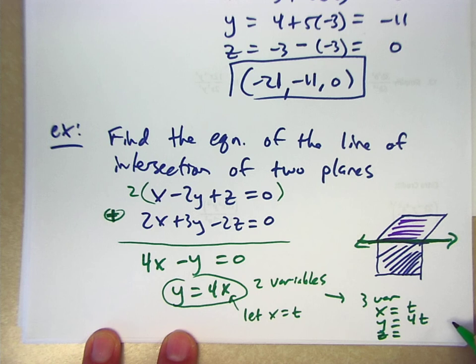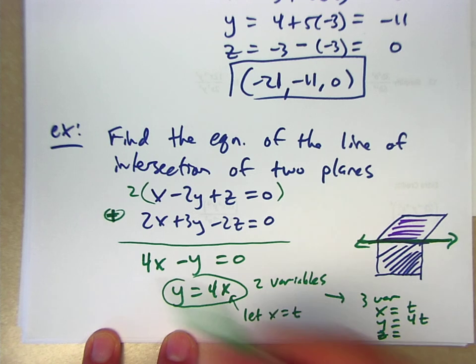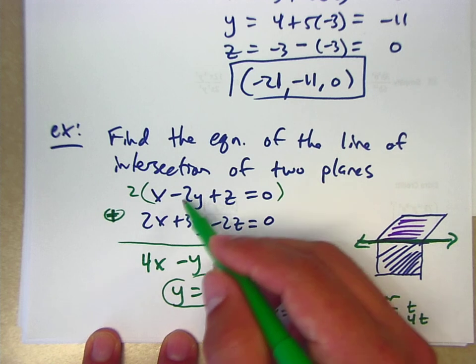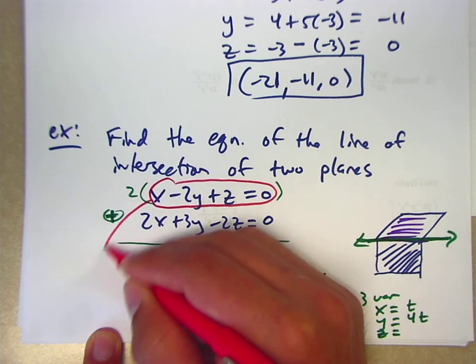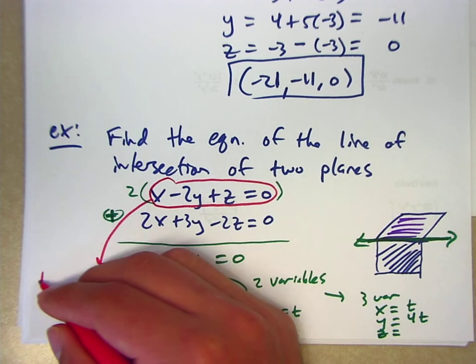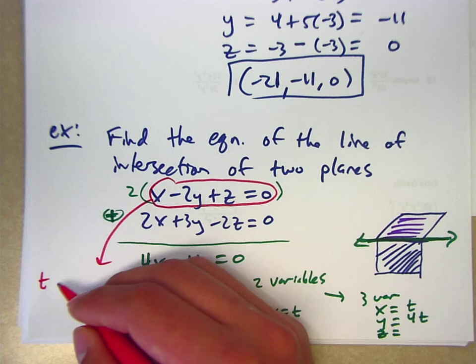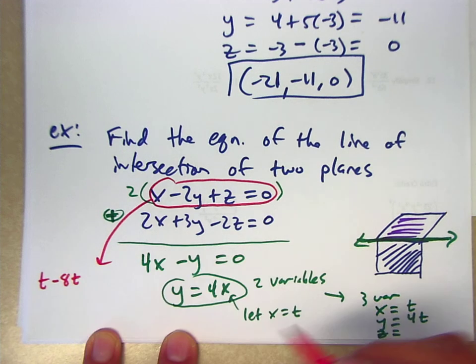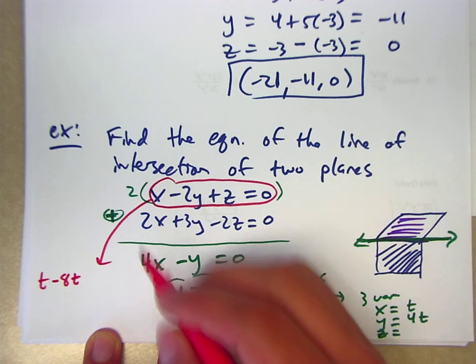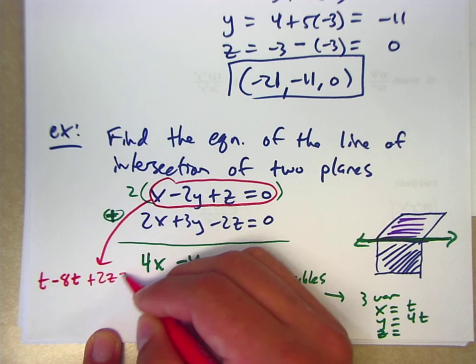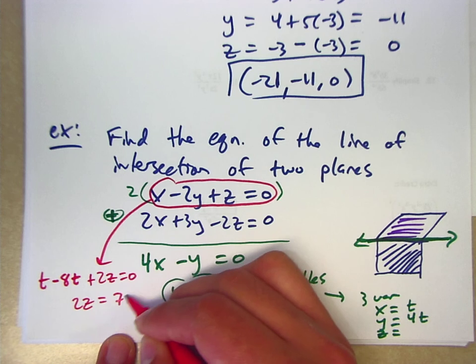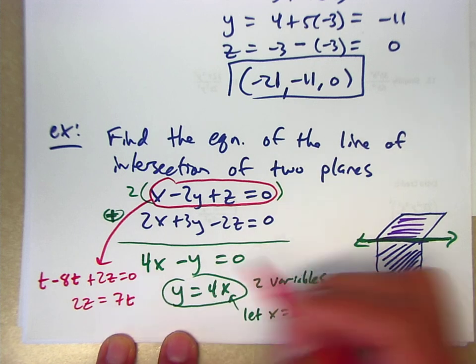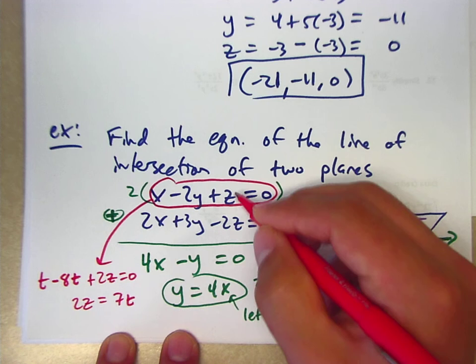And now to find z, we can go back. Let's maybe use the first equation here. Go back in there, replace x with t, replace y with 4t, so that's going to be minus 8t. Oh, sorry, I was looking at this green 2.